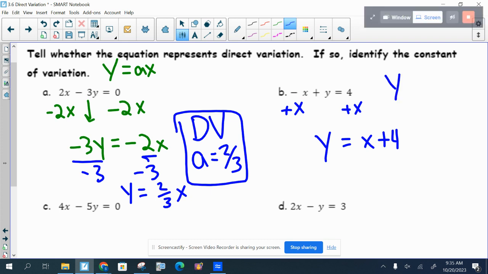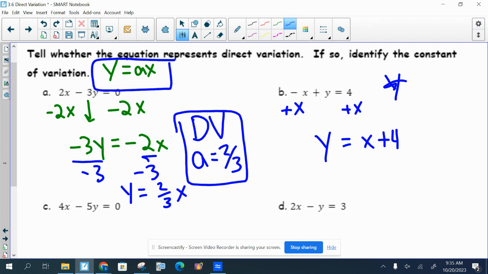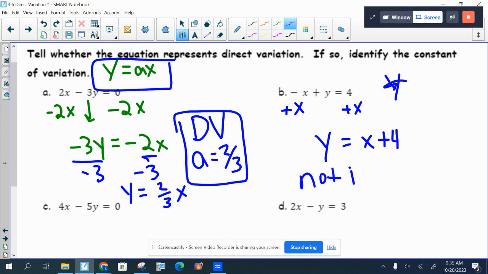Remember how we just have to have y equals ax? So you shouldn't have a y-intercept. But do you see how you have a y-intercept plus 4? So if you're adding something, that means it's not. This would be no, not direct variation.